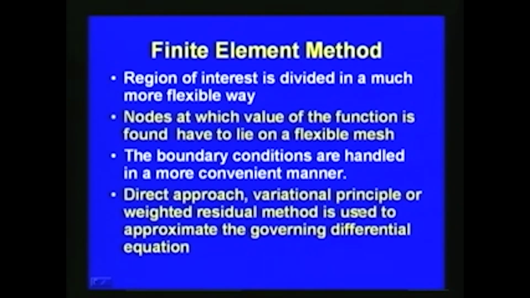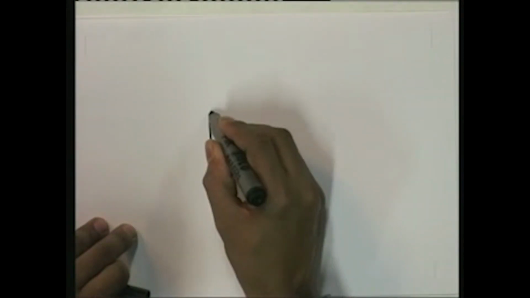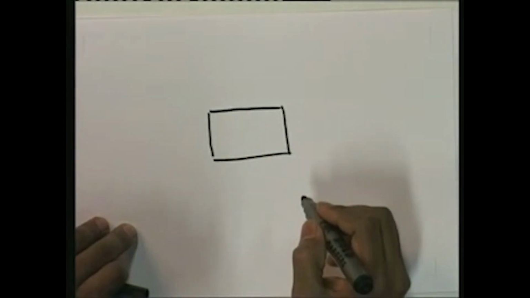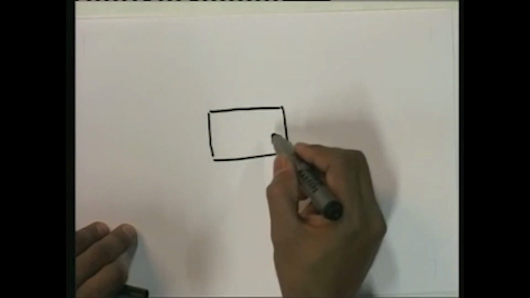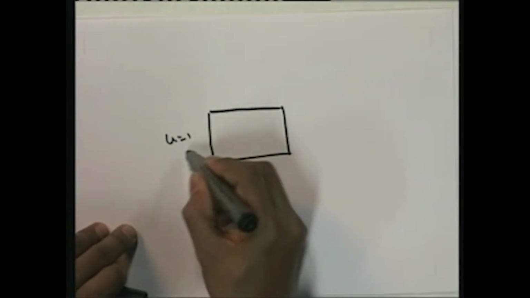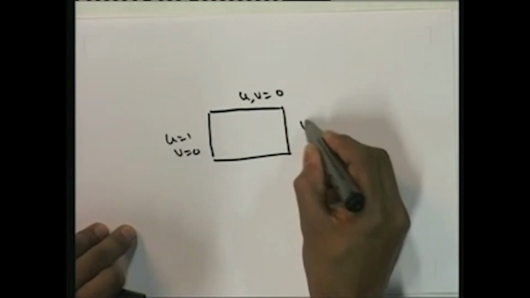For example, consider the problem we considered earlier, the square cavity problem. Using the Navier-Stokes equation, let us consider a cavity like this, where u is equal to 1 on the top, v is equal to 0, and on the other walls u and v are equal to 0.